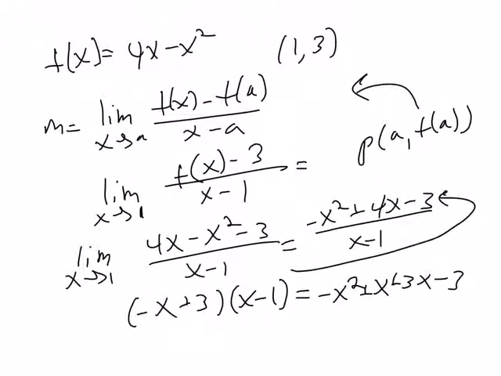So we're looking for the limit as x goes to 1 of negative x squared plus 4x minus 3 over x minus 1.